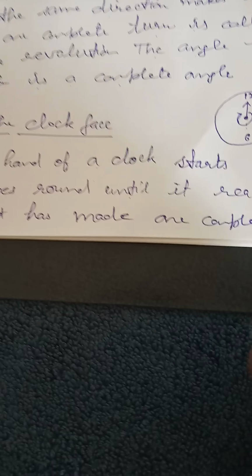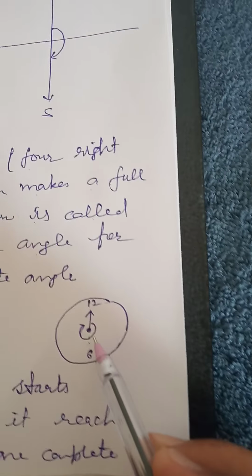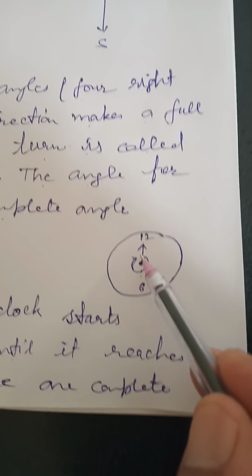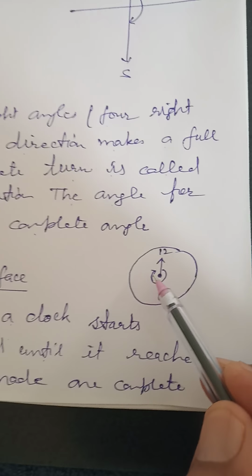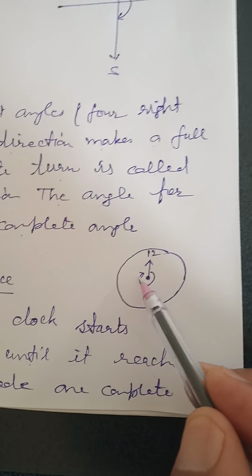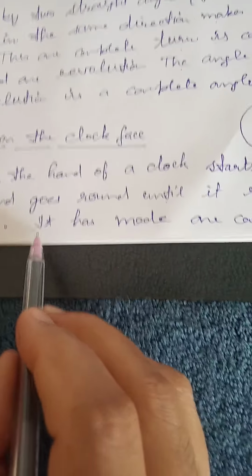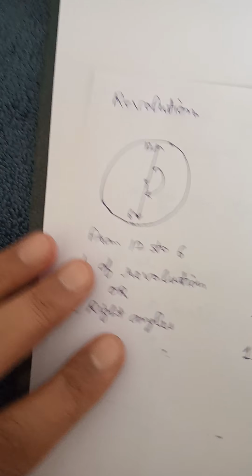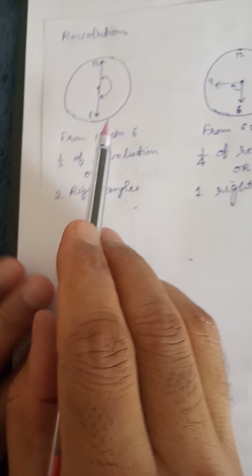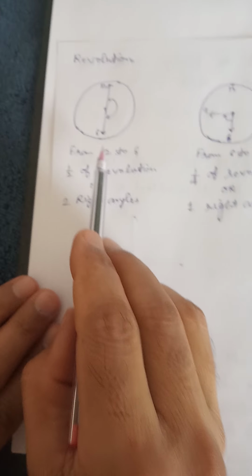It means you have to start from the 12 and then by moving in clockwise direction you have to come to 12 again. Now the minute hand of the clock has made one complete revolution. Let us see some clock faces.